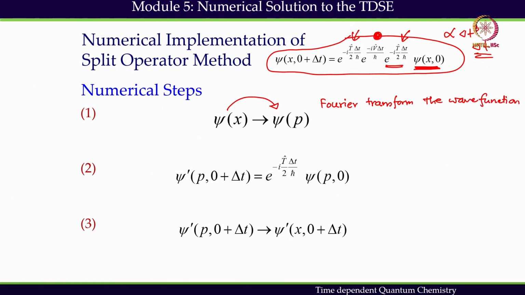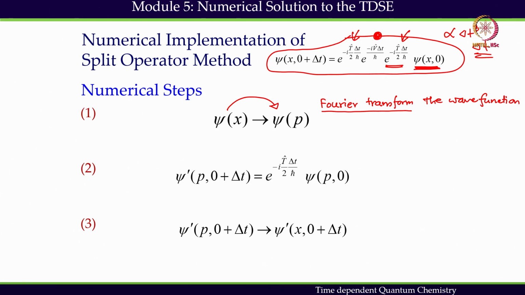Position representation to momentum representation of the wave function can be done using the Fourier transform, and that we have already encountered in Python tutorial 3, on how to do this kind of Fourier transform. So we will skip those techniques here.